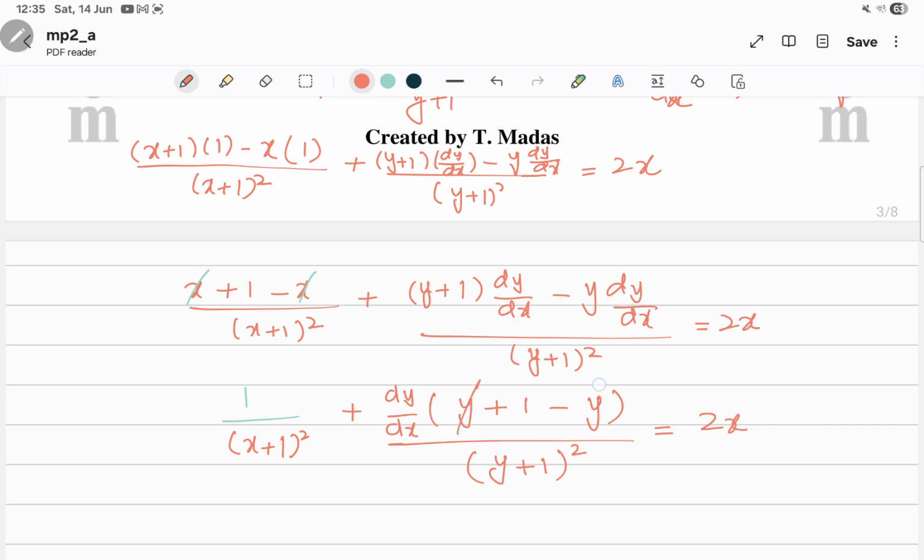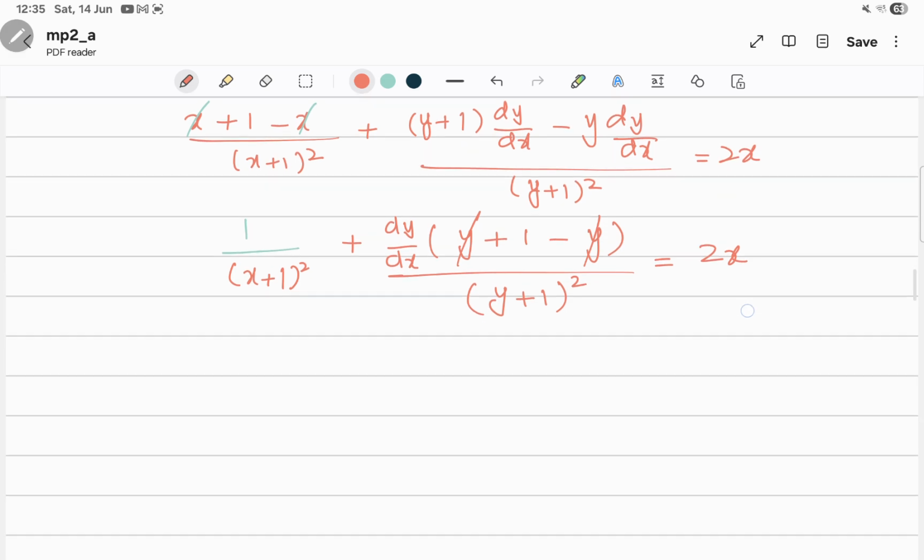So y and minus y cancel out, so you're left with 1 over x plus 1 whole square plus 1 over y plus 1 whole square dy over dx equals 2x. Now we can make dy over dx the subject.